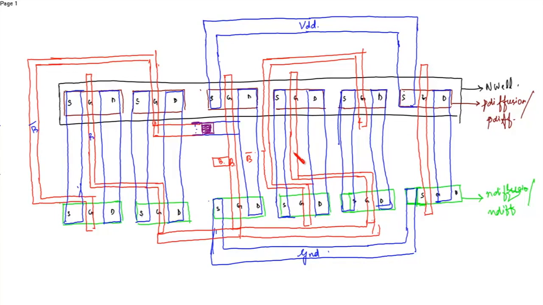This was also B and this is B bar. So B bar means directly you can connect from here, and there is also a metal layer. So I have to place a poly contact.